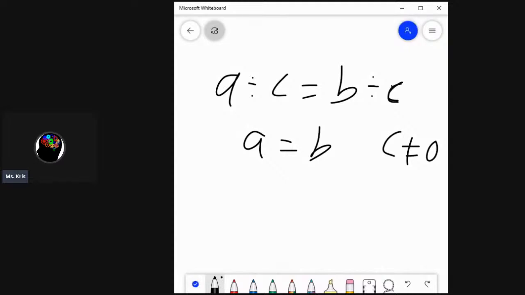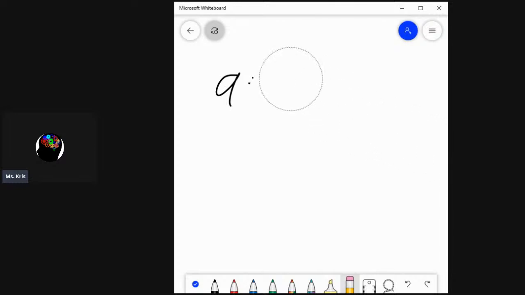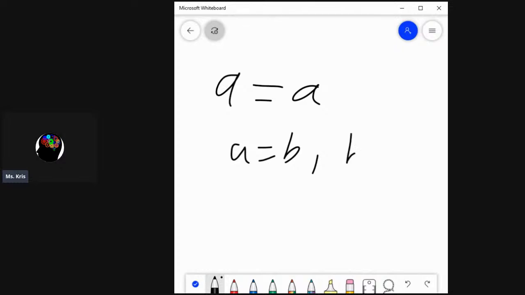Next, we have our reflexive property. The reflexive property simply means that A equals itself by definition. The symmetric property says if A equals B, then B equals A. It looks more like the commutative property, right?